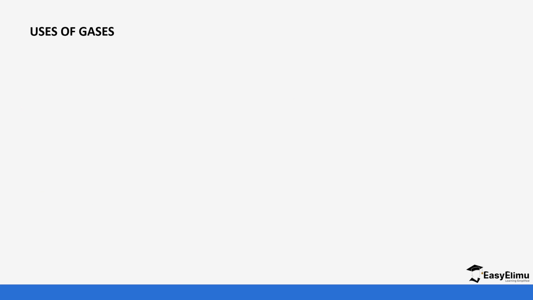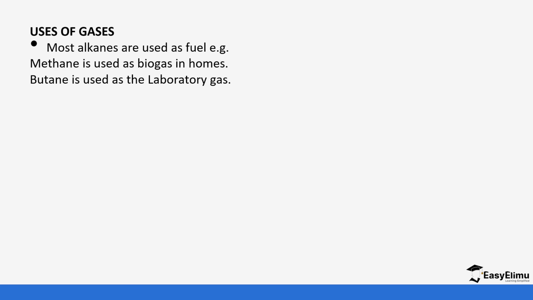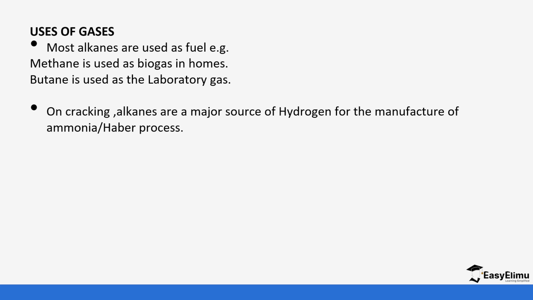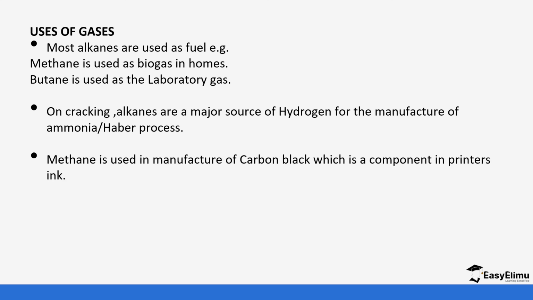So some of the uses of alkanes. Be as specific as possible, do not use general terms. Most alkanes are actually used as fuel. For example, methane is used as biogas in homes, and butane is used as a laboratory gas. Also, cracking of alkanes is one of the sources of hydrogen in the manufacture of ammonia in the Haber process.